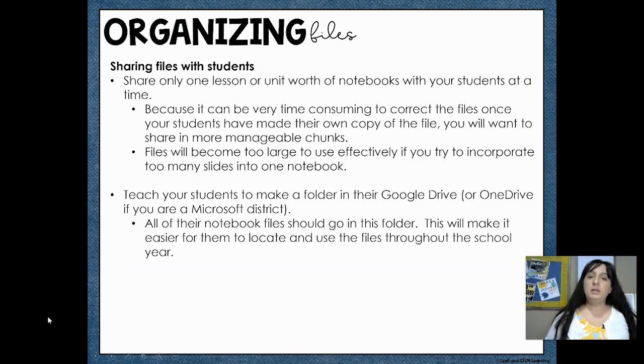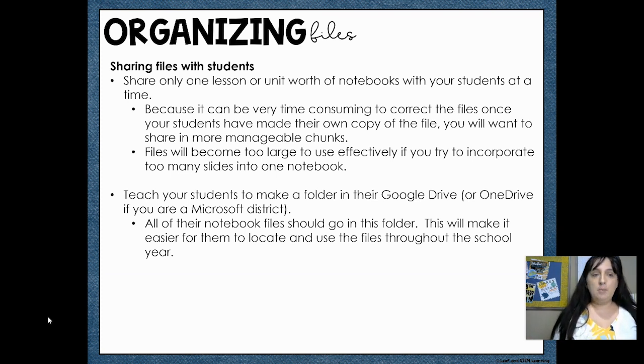Another thing that's really important when you're using digital notebooks is how you're going to share your files. So when you share a Google Slides lesson, once it's gone out to your students, they each have their own copy of it. So if you realize, oh, I need to add another page to it, or I want to add the whole next unit to it, you can't do that really.